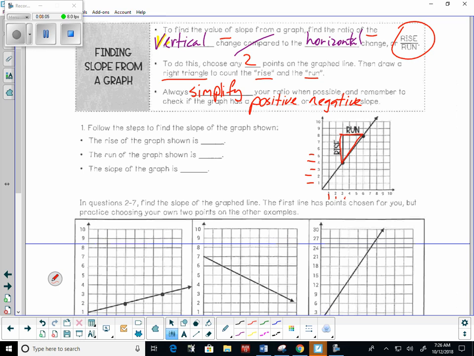Rise. So the rise, 1, 2, 3, 4. So we've got 4. The run of the graph, 1, 2, 3. That's the run. So again, this is going to be our vertical change. The run is our what? It's our horizontal change. Okay, so the slope of the graph is 4 over 3.